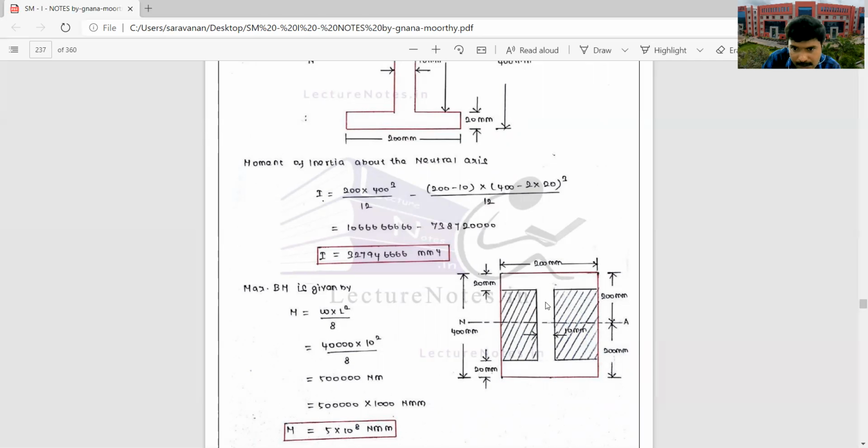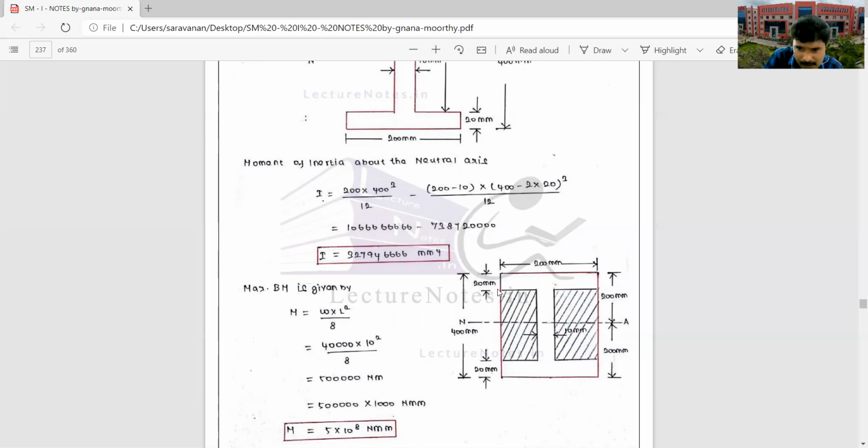So what is this dimension? Overall width is 200, and with the web thickness 10, 200 minus 10, the remaining is 190. That is the width, into the height, which is the total 400 minus the flanges, 20 and 20, so 2 into 20 is 40. So 400 minus 40 is 360.